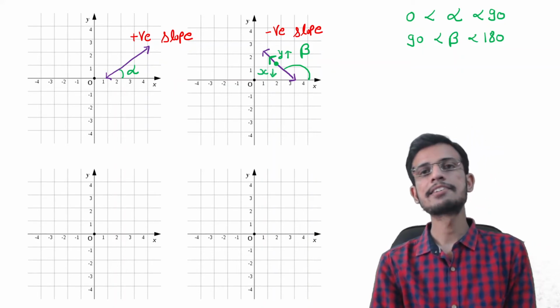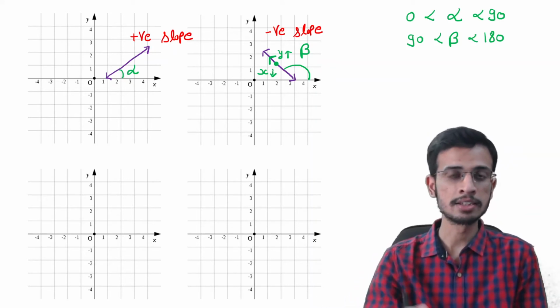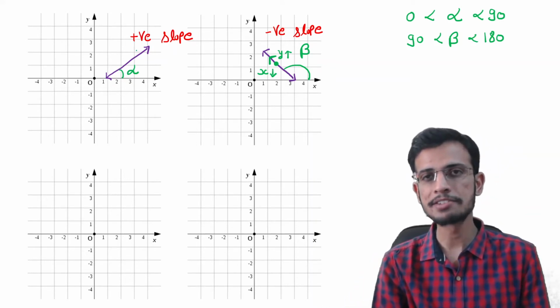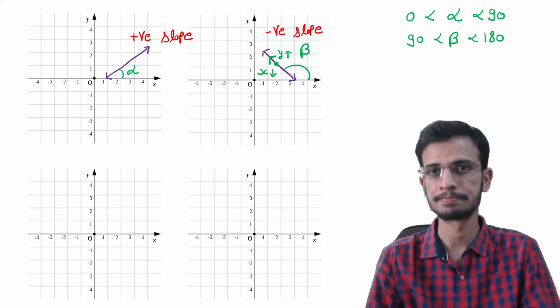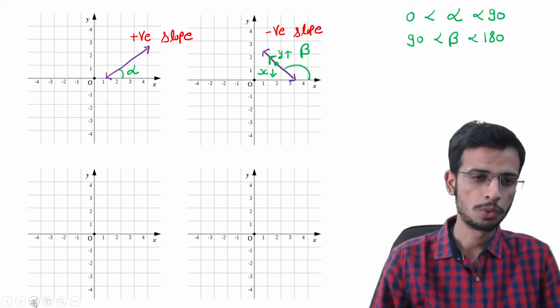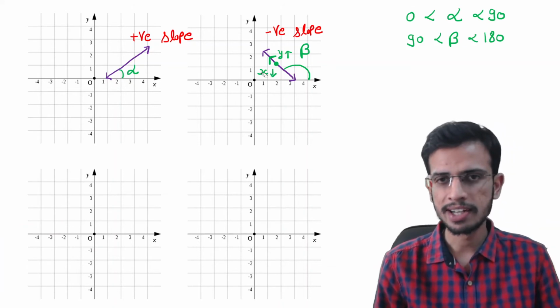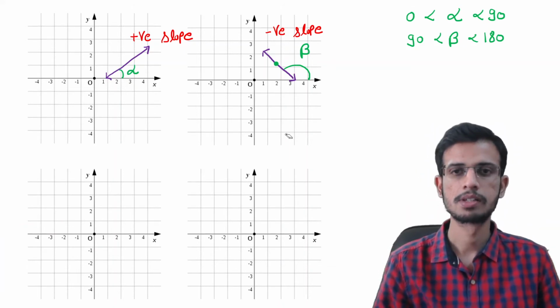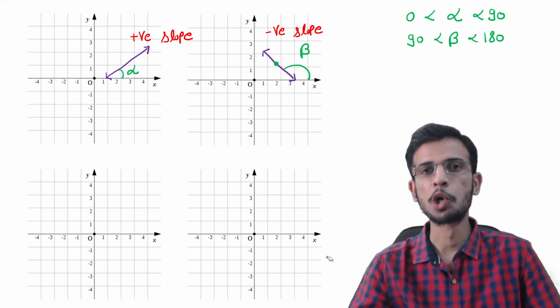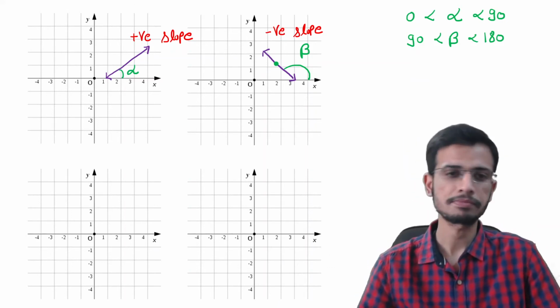In a line with negative slope, one coordinate will increase and the other coordinate will decrease. In a positive slope, either both coordinates will increase or both coordinates will decrease, right? So this is the significance of negative and positive slope. Okay. So our line is having positive slope, alright?